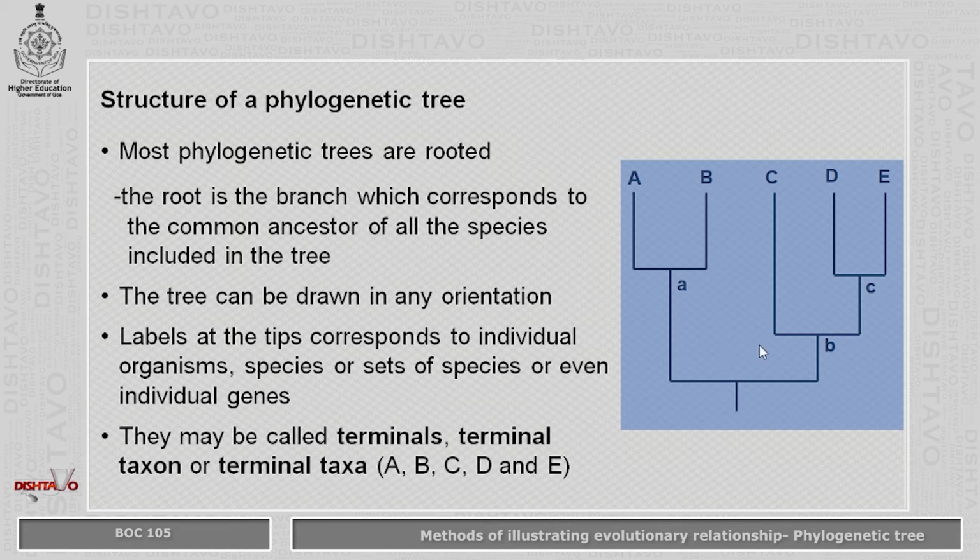Labels at the tips correspond to individual organisms or species or sets of species or even individual genes. So you can consider here this A, B, C, D, E, all these as organisms, species or sets of species, like that. And they may be called terminals, or terminal taxon or terminal taxa.